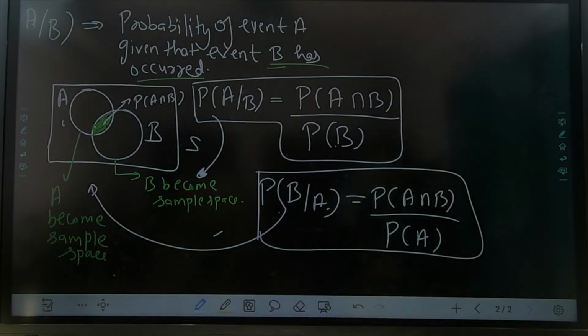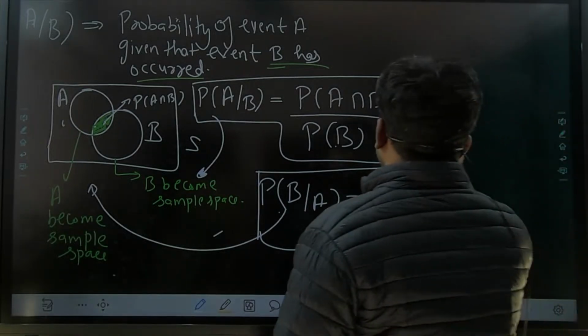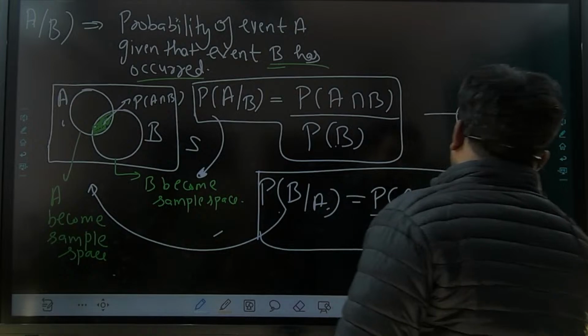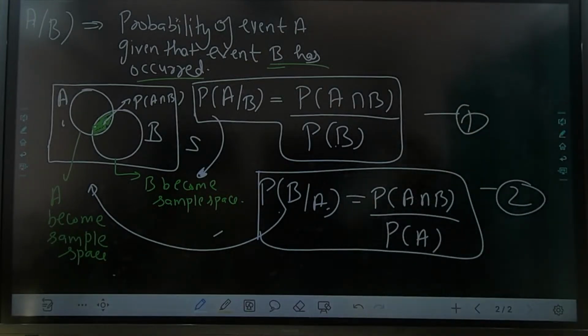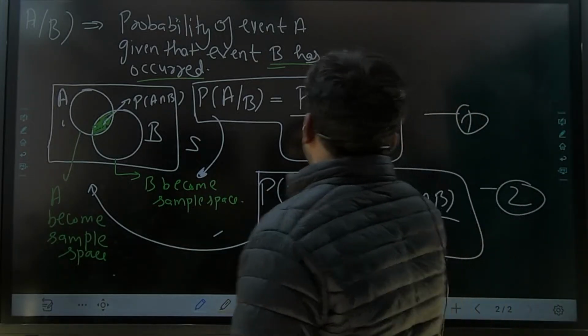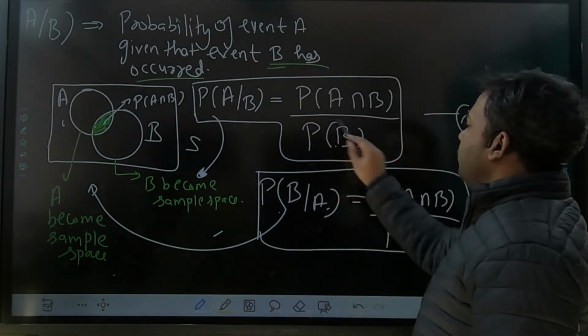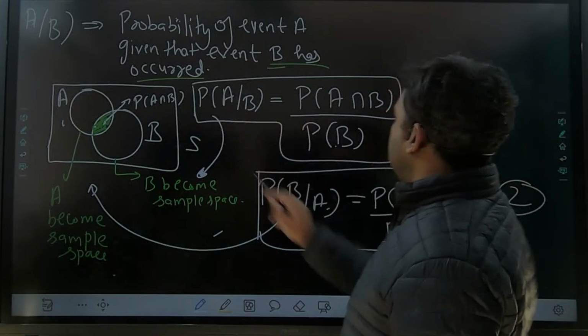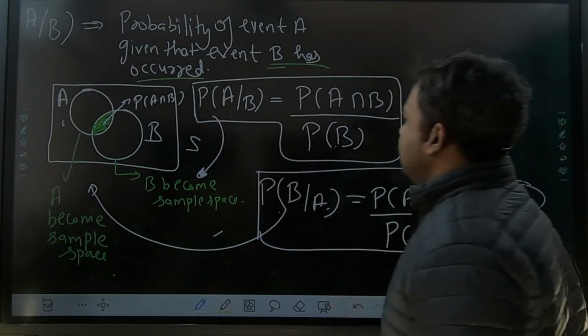Now from both the equations, you see the numerator is the same. From here you see the numerator is this, and the numerator is this. So the numerator is nothing but the probability of B multiplied with this thing, and the probability of A multiplied with this thing.